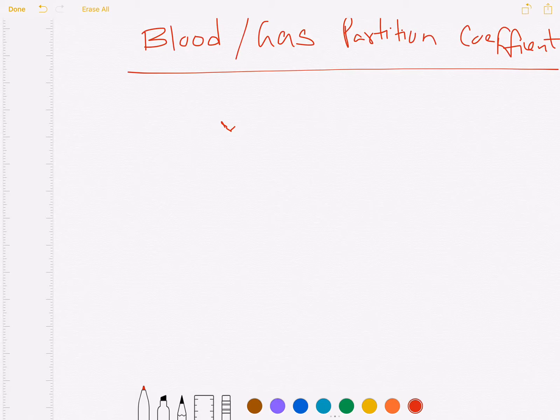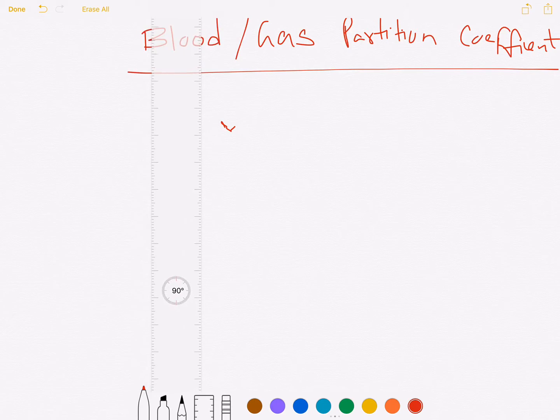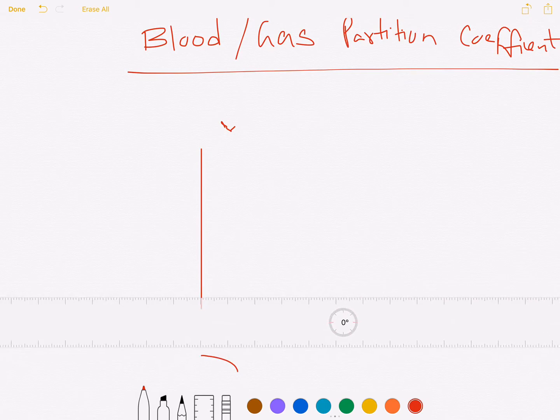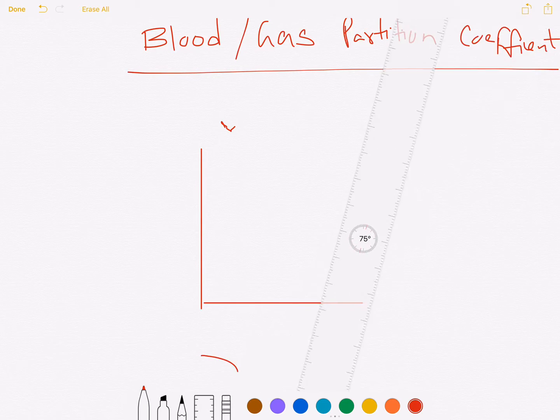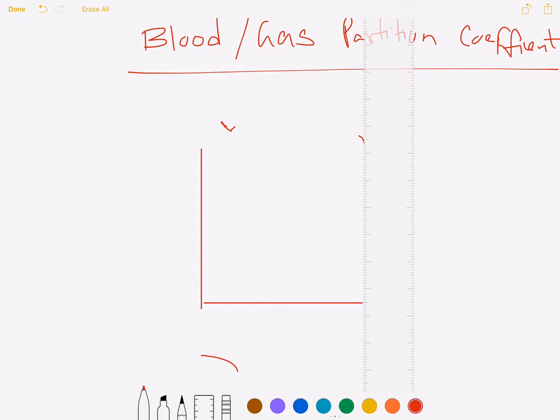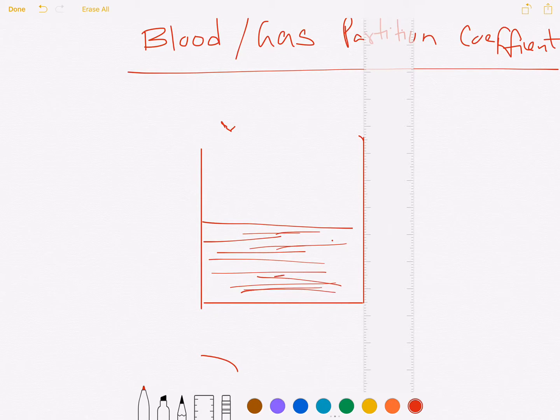So what is a blood gas partition coefficient? Let's say you have in a lab a container which is full of blood. This is blood. And then you dissolve a gas in the blood.